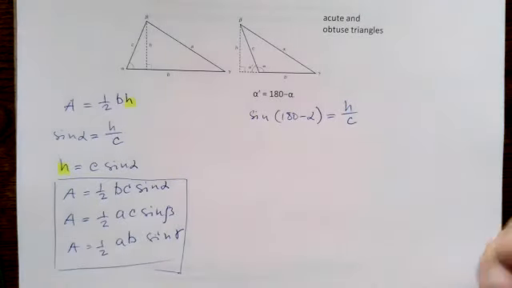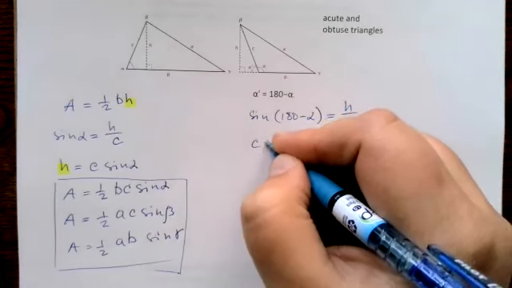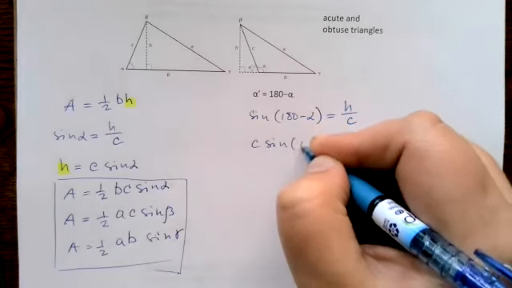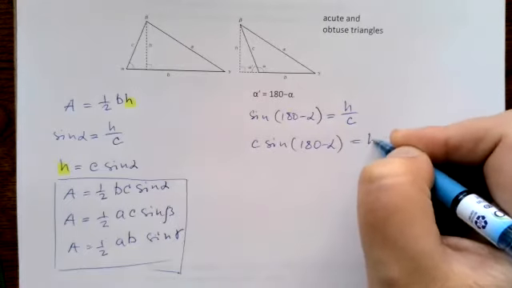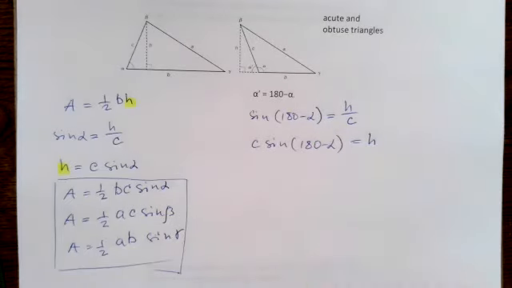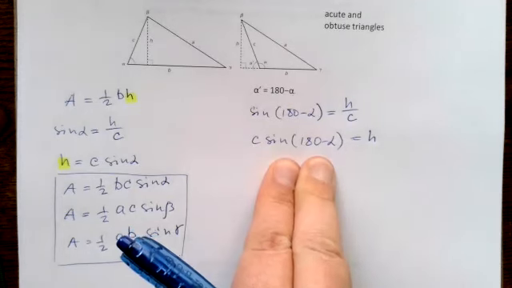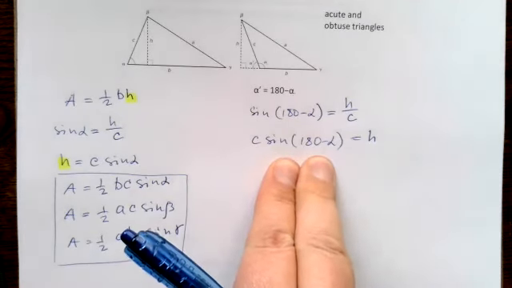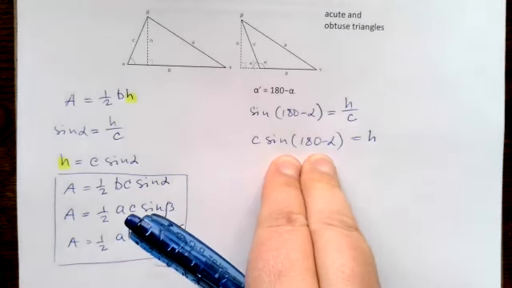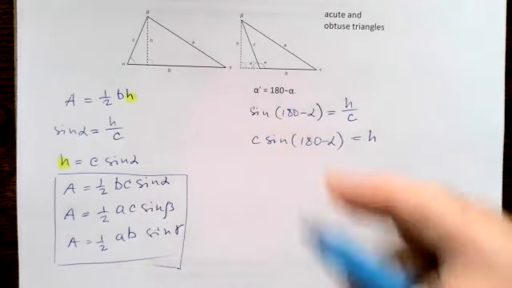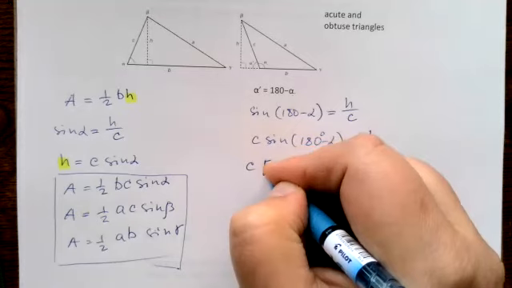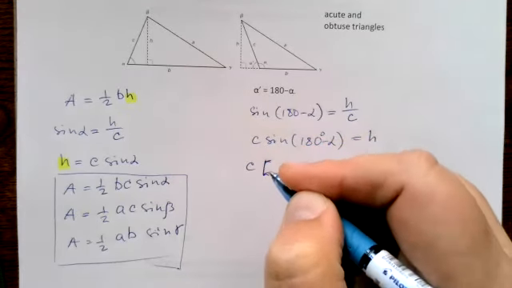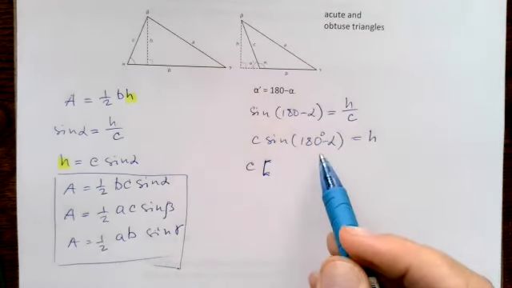Multiplying both sides by c, we get c times sine of 180 minus alpha equals h. Now let's apply the formulas that we've learned already to sine of 180 minus alpha multiplied by c. I'm going to keep the c outside here, and apply my formula.